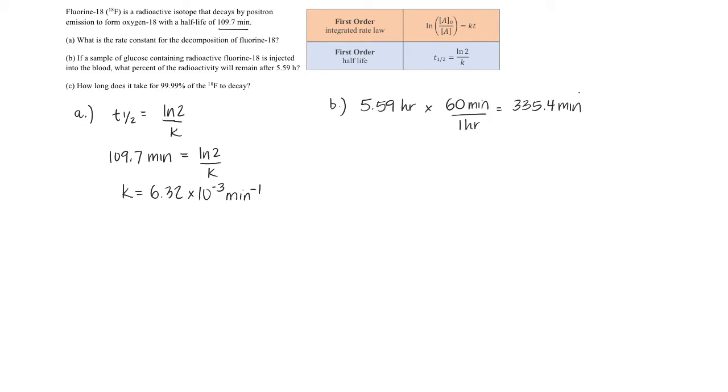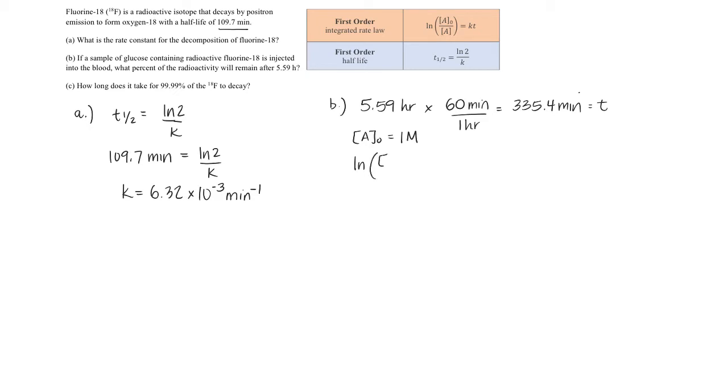And I can use that as my t in the integrated first-order rate law. We aren't given an initial concentration, but we can assume 1 molar so that our math is a little bit easier down the road.